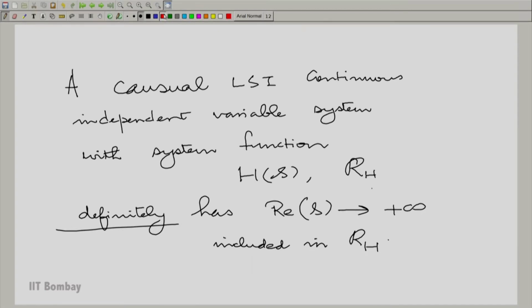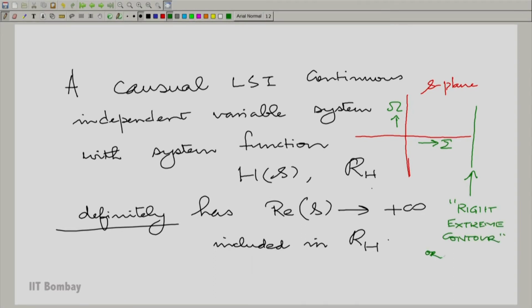Let us sketch it to understand what we are trying to say. If this is the S plane, with sigma and omega axes, then what we call the right extreme contour, or real part of S tending to plus infinity, is definitely in the ROC.